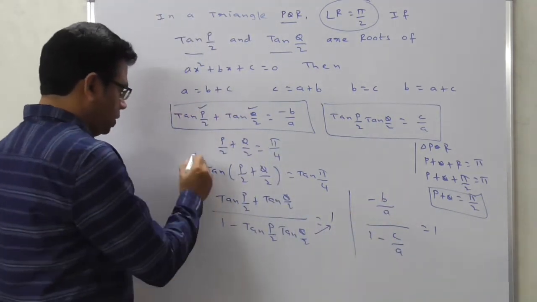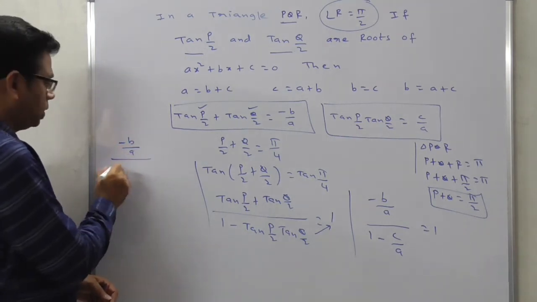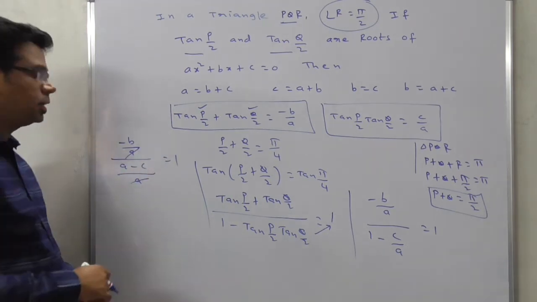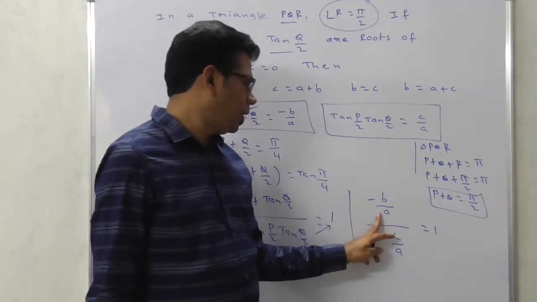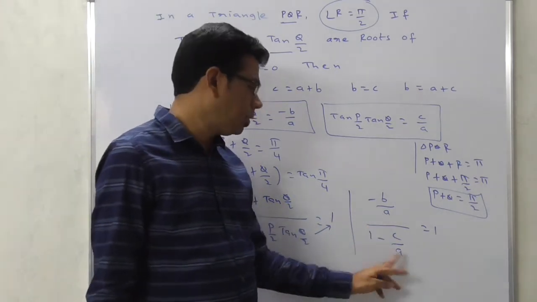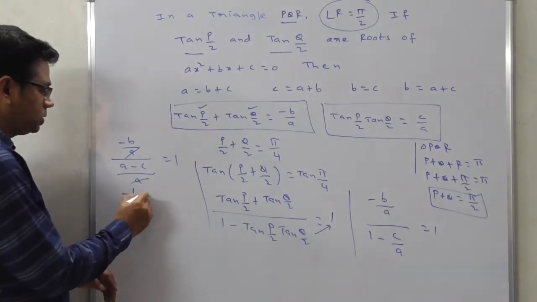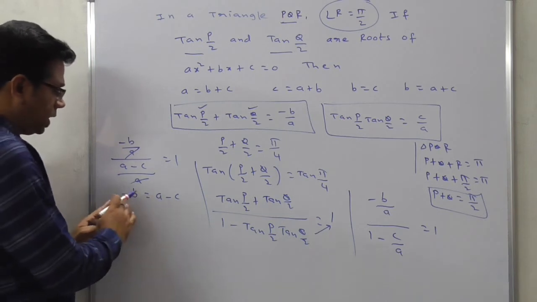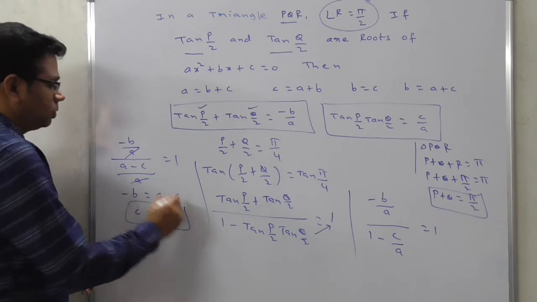So we get the final: -b/a = (a - c)/a. The a and a get cancelled. Now go for cross multiplication: -b = a - c. Just arrange it, write the c here, b there, we get c = a + b.